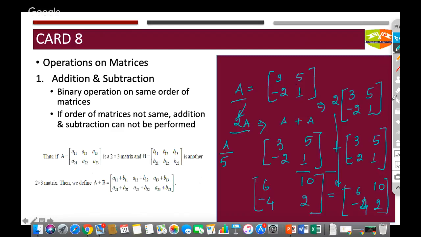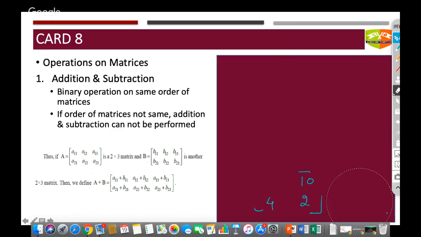These kinds of questions do appear in the examination. So while multiplying or dividing, do take care that you do it carefully, because if it is a 3 into 3 or 4 into 4 matrix, you have to divide or multiply nine elements or 16 elements. It becomes very calculation intensive, and sometimes we tend to make calculation mistakes which we should avoid.